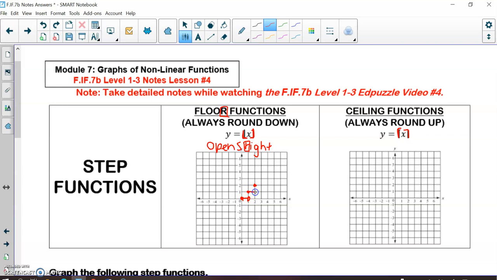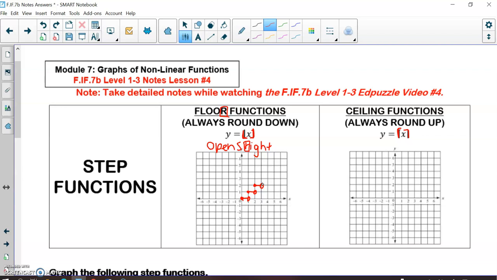So again, draw a horizontal line till it gets under the next step, and an open dot on the end of that, and then same with this one. Right? So it's like you're walking up steps to go upstairs.